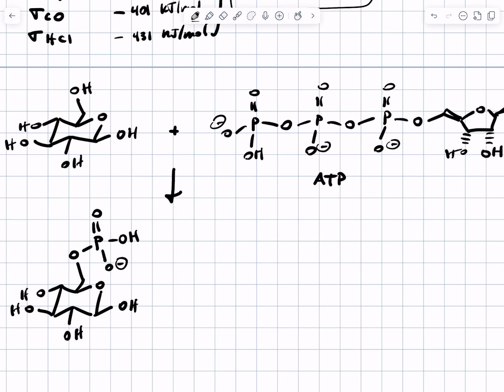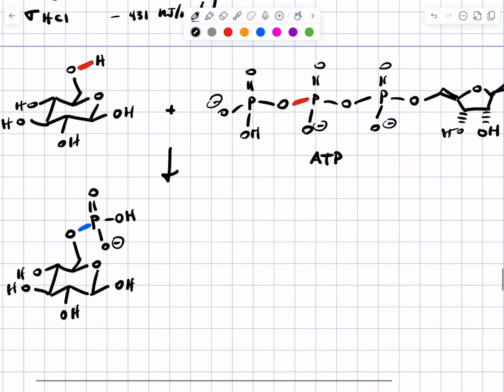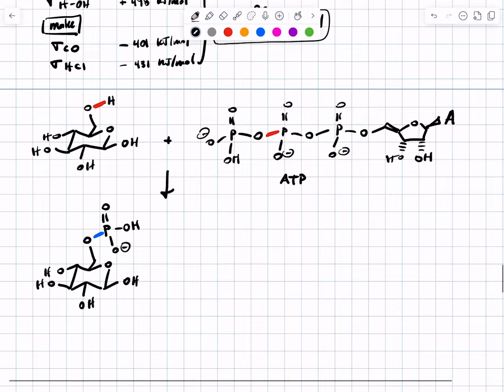In ATP, you're going to see that we break this bond, and when we do this reaction, we're going to break those two bonds. We're going to make this new bond, and then we'll make another new bond in ADP.